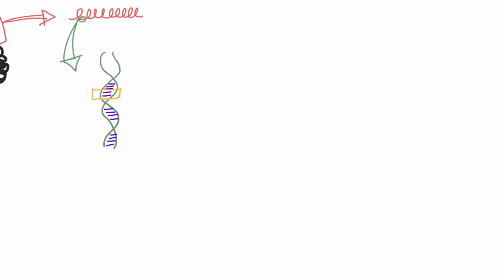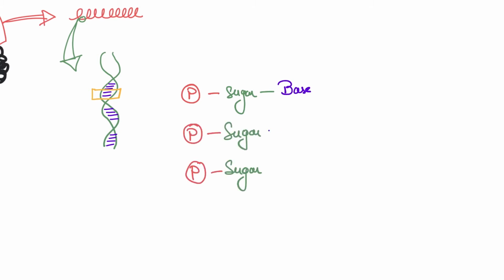Now let us further zoom out and try to see what exactly these are made up of. So these units are made up of substances called deoxyribonucleotides, which carry a base, a sugar, and a phosphate, right? But there are two strands, remember that.